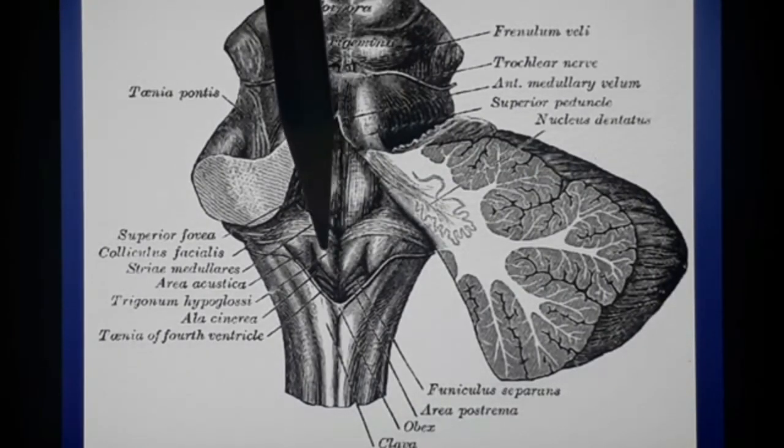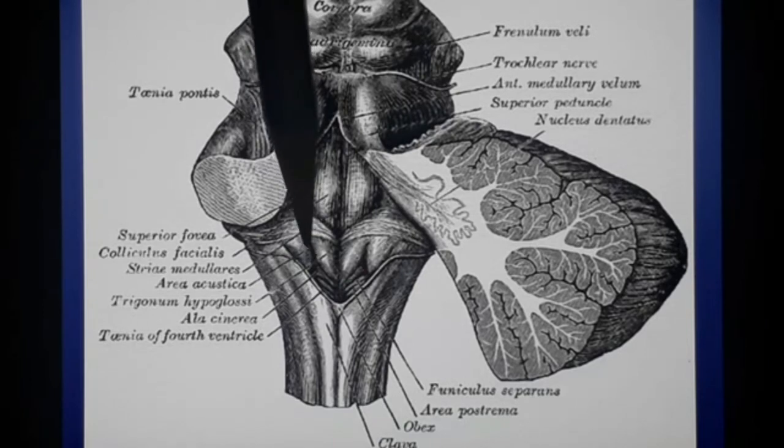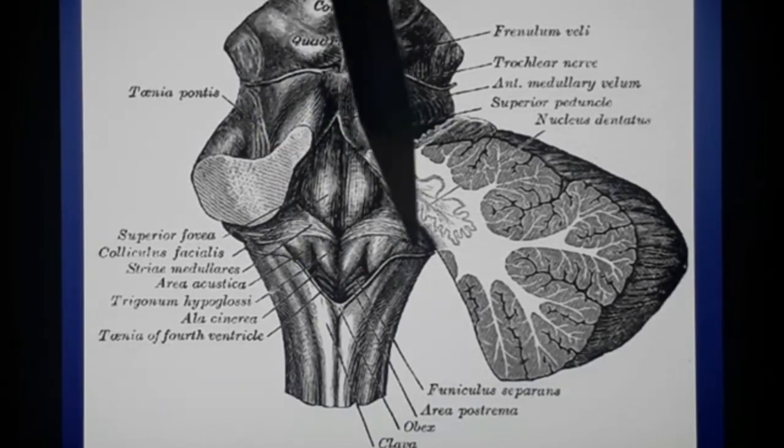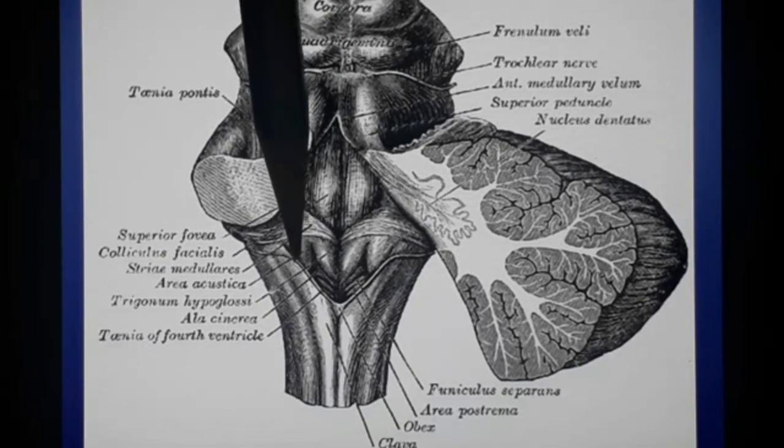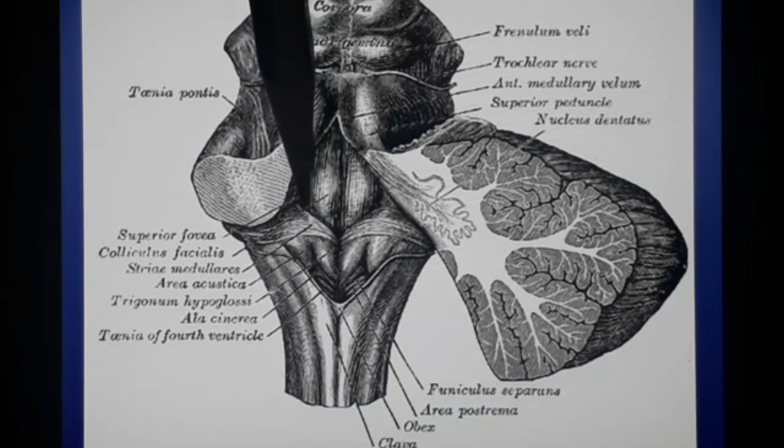On either side of the hypoglossal triangle and vagal triangle, you can see two areas, and this is known as the vestibular area. The vestibular area is partly seen in the medulla and partly seen in the pons. The vestibular area overlies the vestibular nucleus.